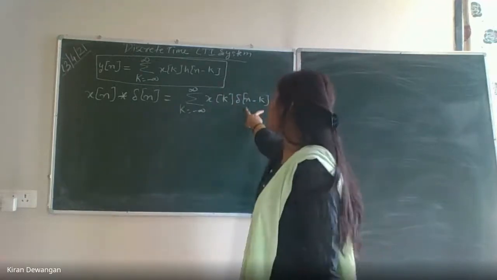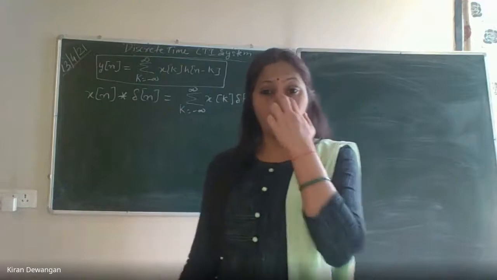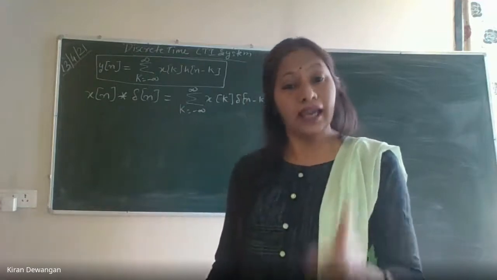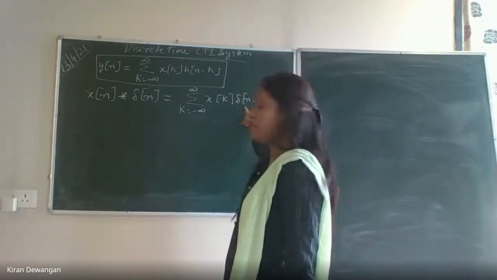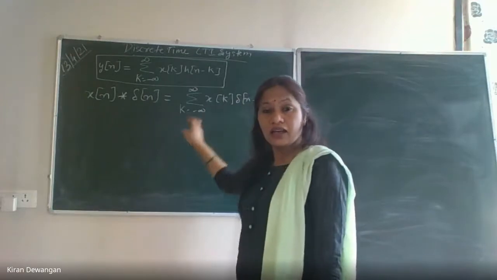Now this will exist only at the value, where will it exist? Only at n. It will have the value only at n.